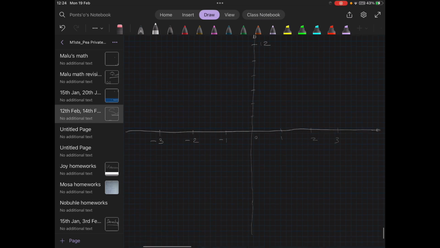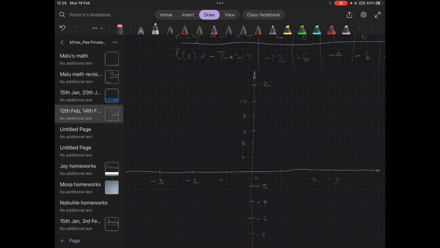Yeah, that's 12 somewhere there. Then we can do the same, so roughly 2 spacing, that's negative 2, negative 4, negative 6, negative 8, negative 10, and negative 12.